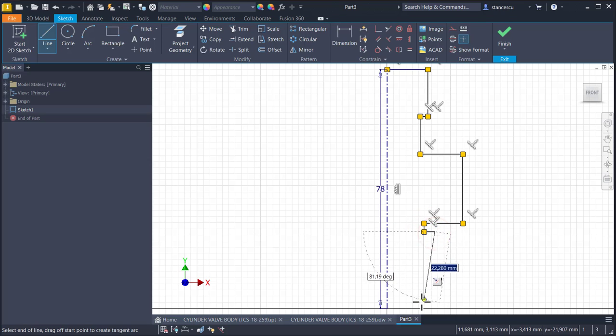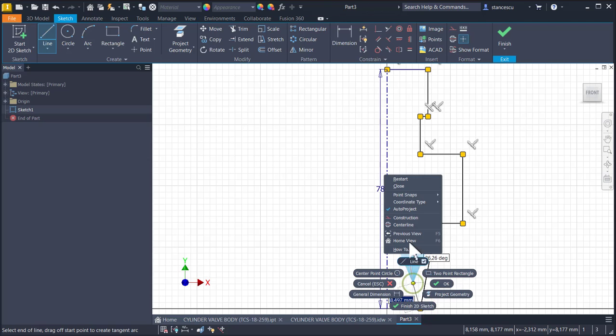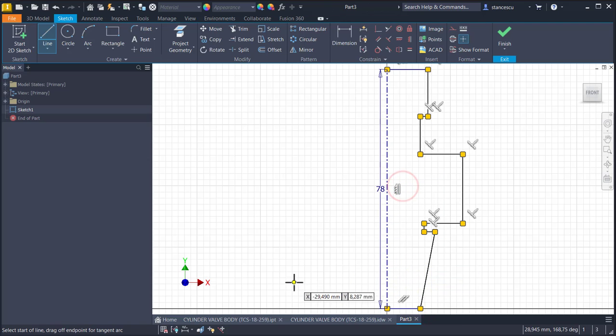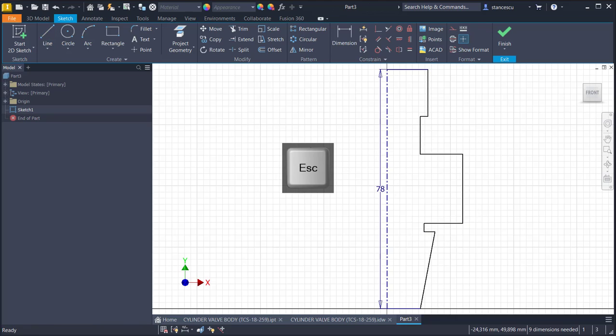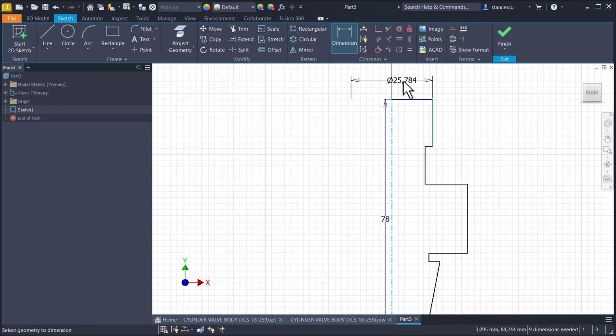You see, close. Dimensions are 30.201, which is the dimension of a thread of 7/8 inch.